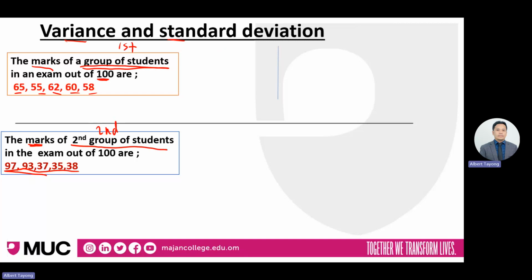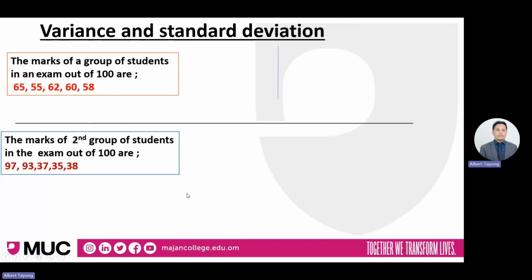If you look at the numbers, 37, 35, 38 are far from 97 and 93. So this affects our answer. The first set of data, 65, 55, 62, 60, and 58, are close to each other. So this will have a smaller variance or standard deviation.